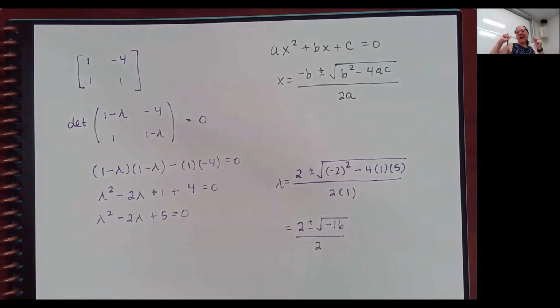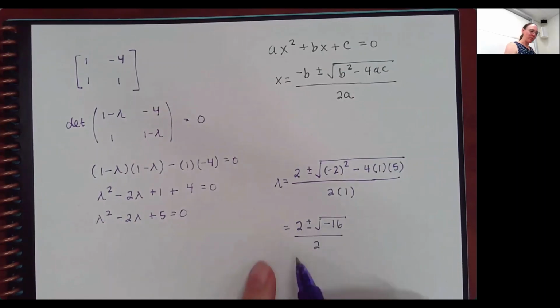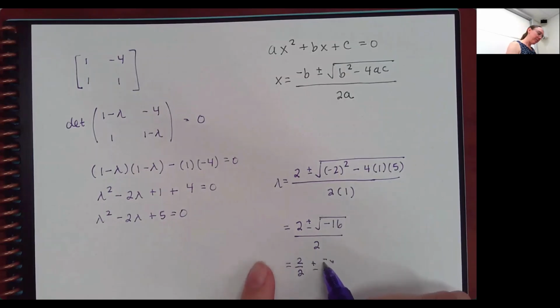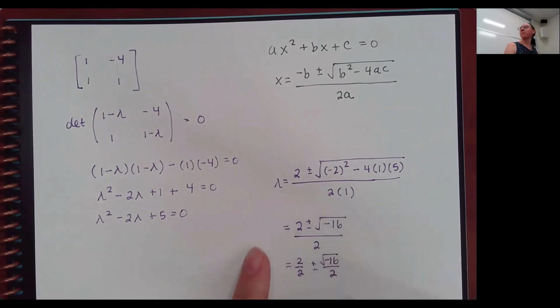Just one algebra thing to be super careful with: both of these pieces are divided by 2. So that's 2 divided by 2 plus or minus the square root of -16 over 2.